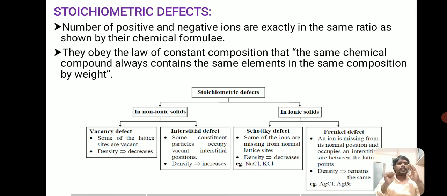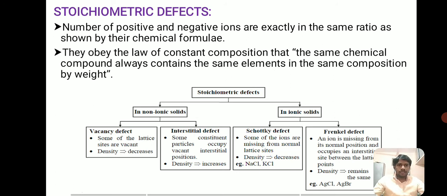It states that the same chemical compound always contains the same elements in the same composition by weight. This is what is called the law of constant composition. Again, these stoichiometric defects are classified into two types: one in non-ionic solids and one in ionic solids.